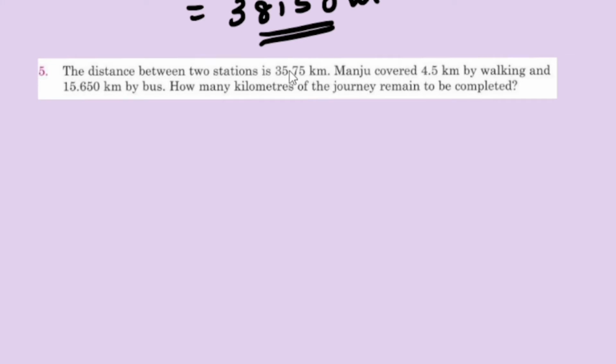Then what you have to do? The total distance between two stations is given as 35.75 kilometers. So how many kilometers of the journey remain to be completed? How we can find out this? Sum you have to subtract from 35.75. So let us do. So first what we can write as the statement?